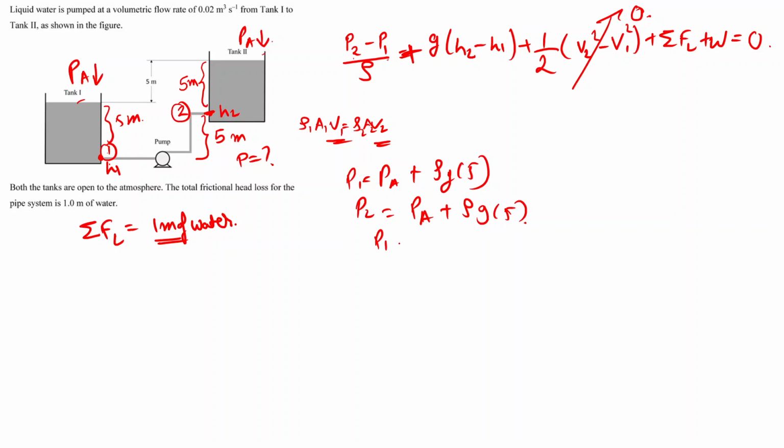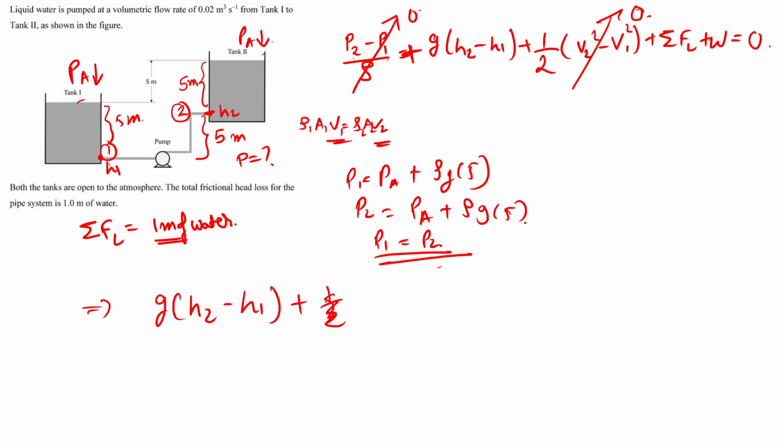So basically P1 is equal to P2, which implies we can also neglect the first term. Now we are left with this equation: g (H2 minus H1), plus half of this which we can neglect, plus summation of F plus work done is equal to 0.